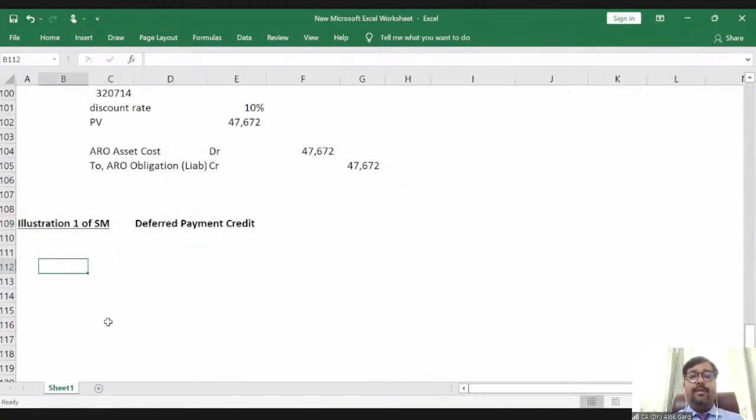So first of all, I need to calculate the cash price equivalent, right? So how to calculate the cash price equivalent? Since in this transaction there is a deferred payment credit, step 1 is the calculation of cash price equivalent. Right? So how to calculate the cash price equivalent?